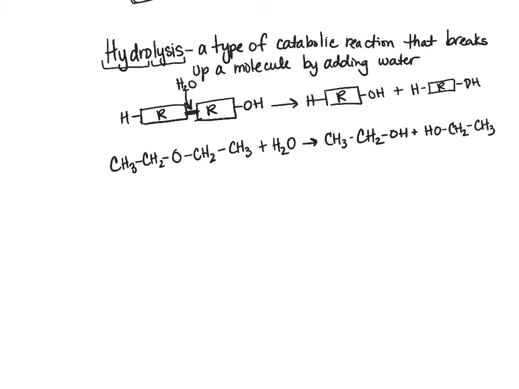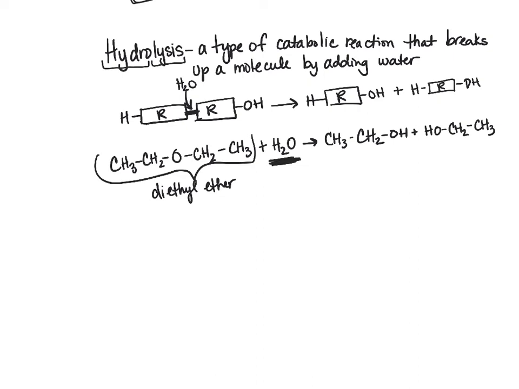All right, there we go. In this case, we have diethyl ether, this very long molecule here, and then we're adding water to the reaction. So this is a hydrolysis reaction.